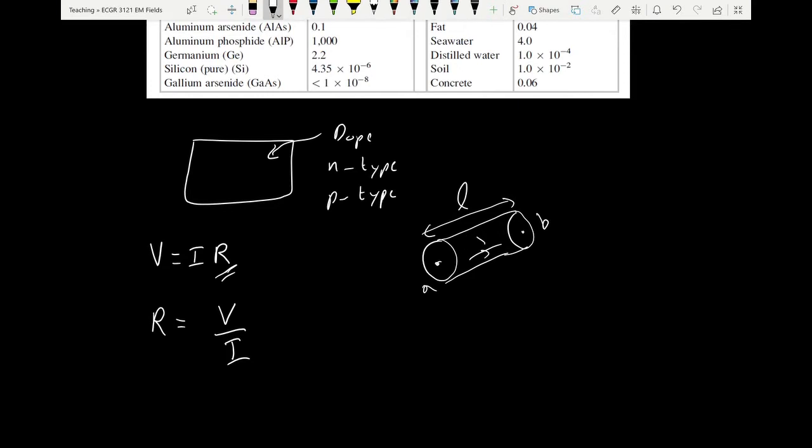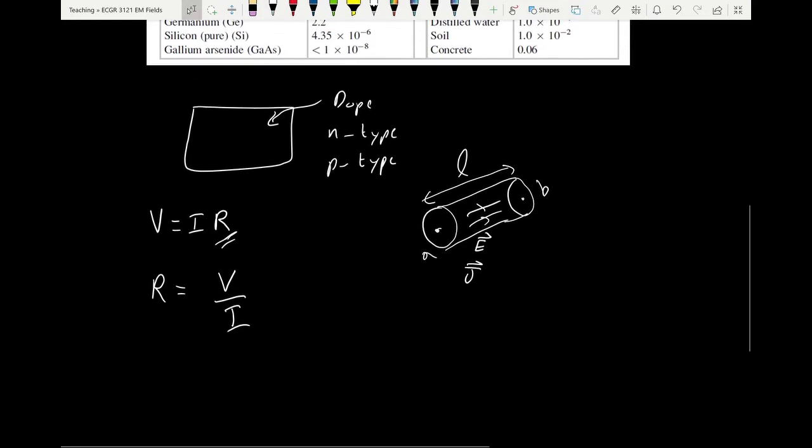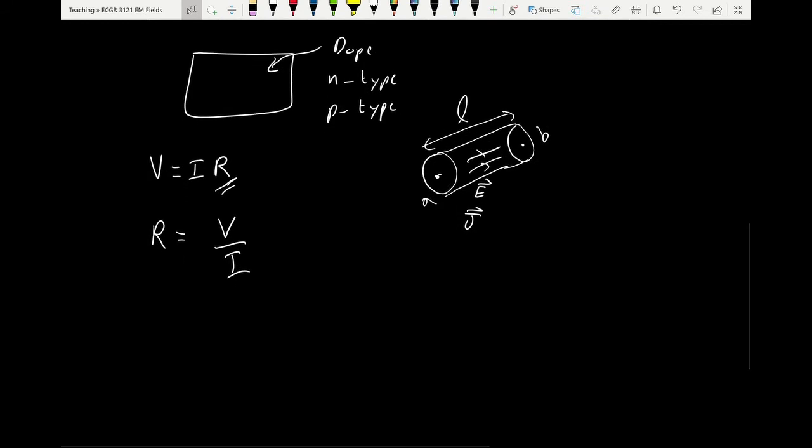So I have some E in the material, and then I have some J in the material due to that E. So R is V over I. What's V? Assuming we have a voltage across the material, VAB, this is point A and this is point B. So VAB over I.